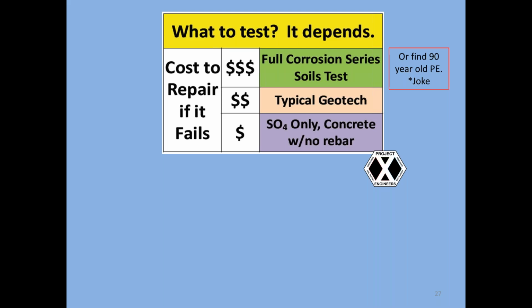Chlorides will show you if you're going to have that probability of very localized corrosion, and low soil resistivities will tell you if you're going to have large general corrosion areas, where a copper electrical grounding grid in the same area will affect a ductile iron pipe a few hundred feet away. That is facilitated when the area has a very low soil resistivity. So those are just the general concepts.